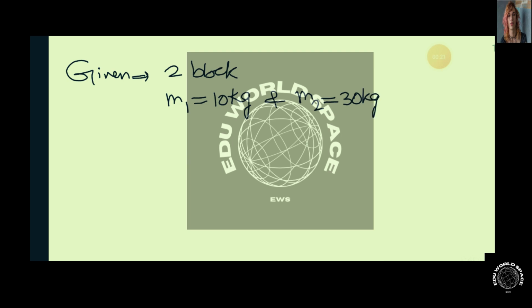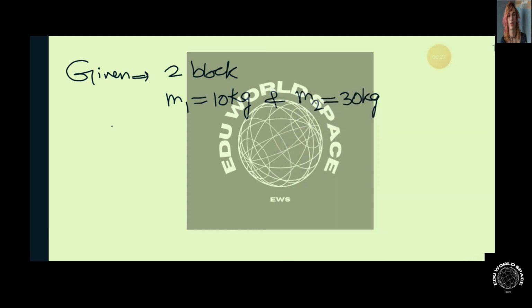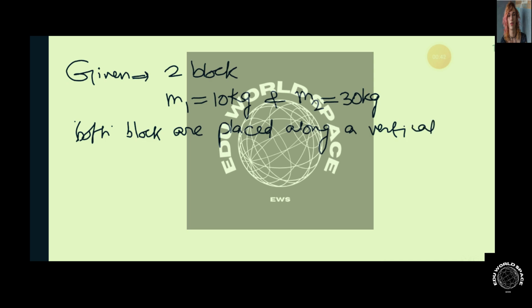The question says that both blocks are placed along a vertical line. Now the first block is changing its position by being raised through a height of 7 centimeter.